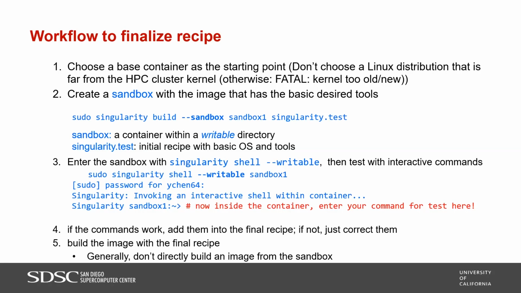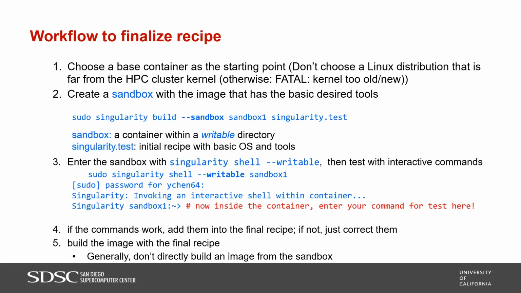And once you are inside the sandbox, you type every command you need to build your software. If the command works, you can add those commands into your final recipe. If not, you will see an error on your screen. So you can fix those errors, and then you try to type the command again, and if it works, add it to your recipe.